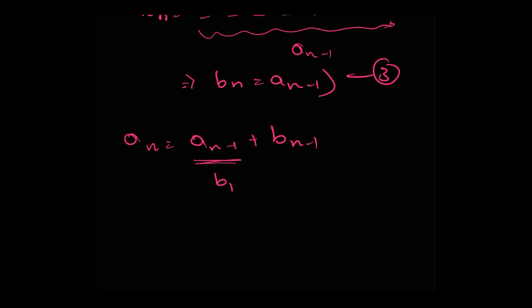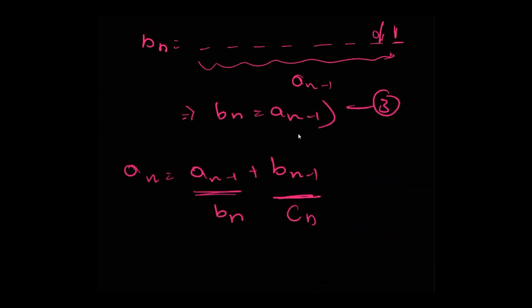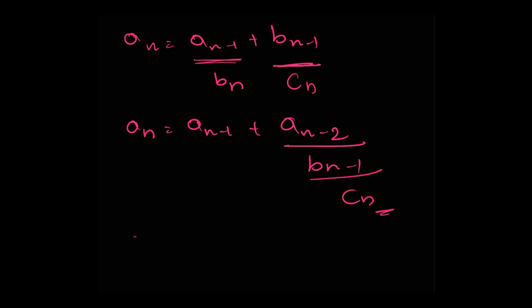Since an minus 1 equals bn, and bn minus 1 equals cn, and we know that an equals bn plus cn from equation number 1, therefore, again we can write an minus 1 plus an minus 2, where we can write an minus 2 as bn minus 1, which is cn. That means an equals an minus 1 plus an minus 2.